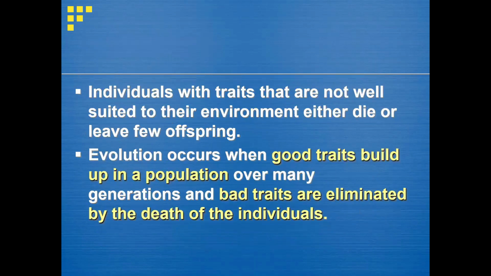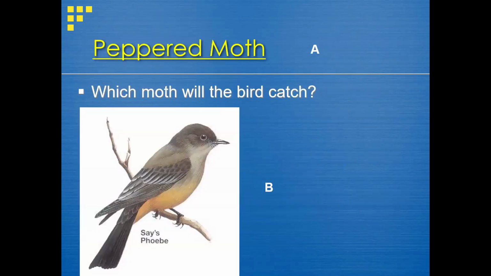So individuals with traits that are not well suited to their environment will either die or leave few offspring. So evolution occurs when good traits build up in a population over many generations, and bad traits are eliminated by the death of the individuals.